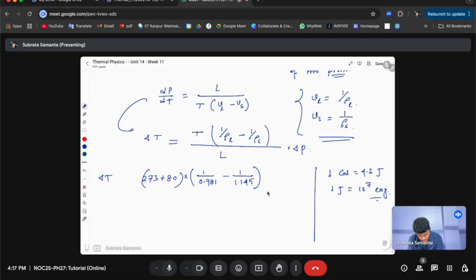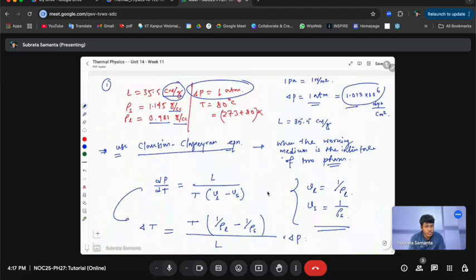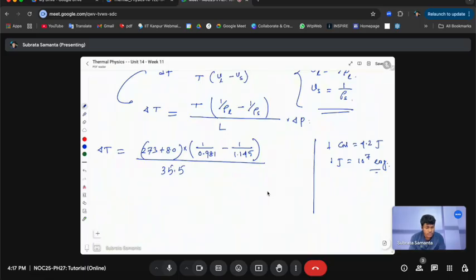Your delta T equals this over L, with L being 35.5 calorie per gram. First I convert to joule per gram and then erg per gram, so it's 4.2 times 10 to the power 7 erg per gram.